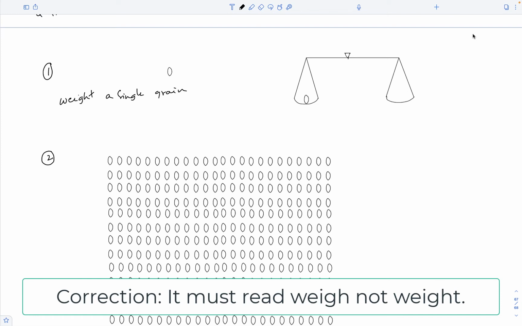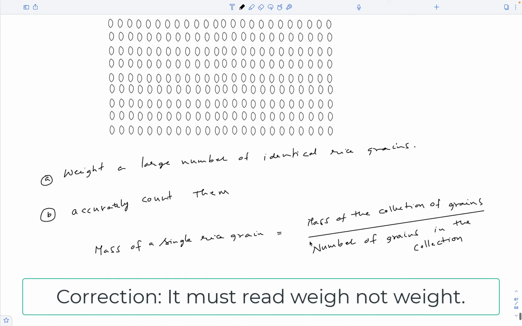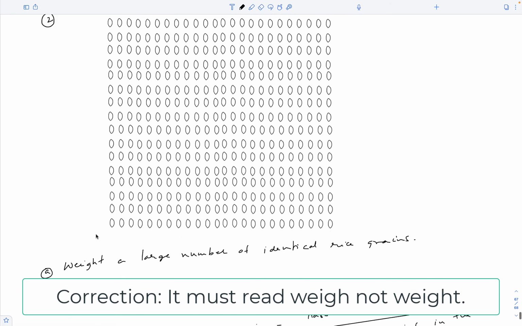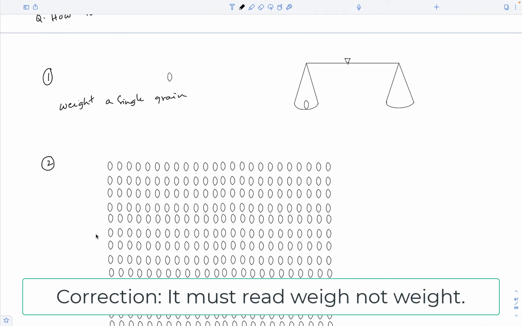Also count the total number of rice grains in that collection as accurately as you can. Then divide the mass of the collection of grains by the number of grains in the collection. That will give you the mass of a single rice grain. So we can determine the mass of a rice grain using both options and take whichever we think is more accurate. Same with atoms.